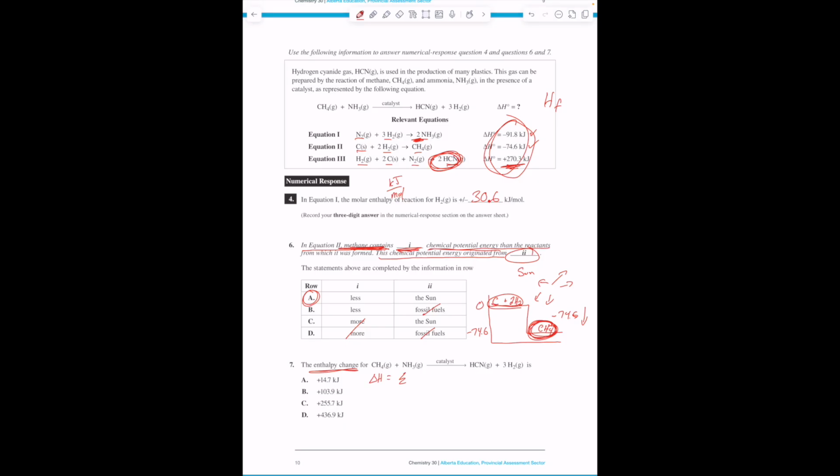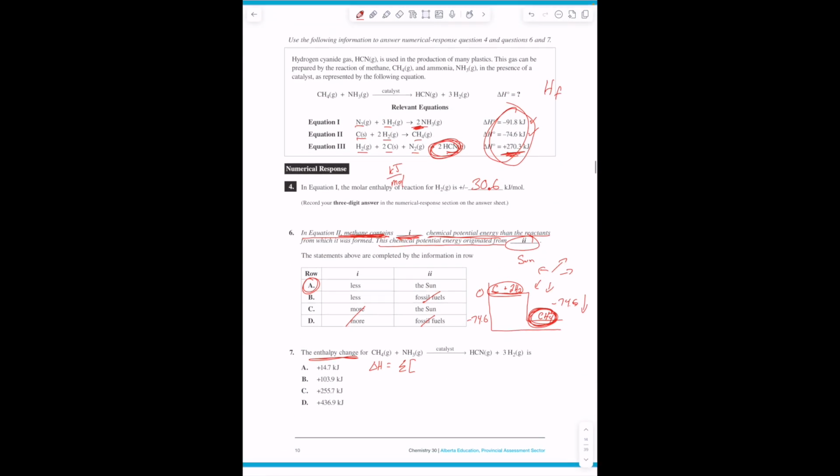Hess's law is the sum of the moles times delta Hm, the heat of formation, of the products, minus the sum of the moles times delta Hm, the molar enthalpy of formation formed from its elements, of the reactants.